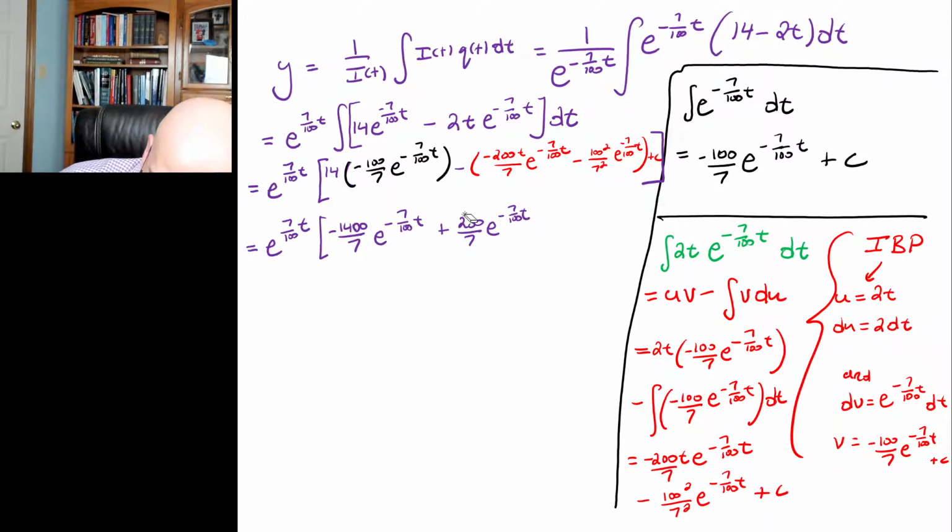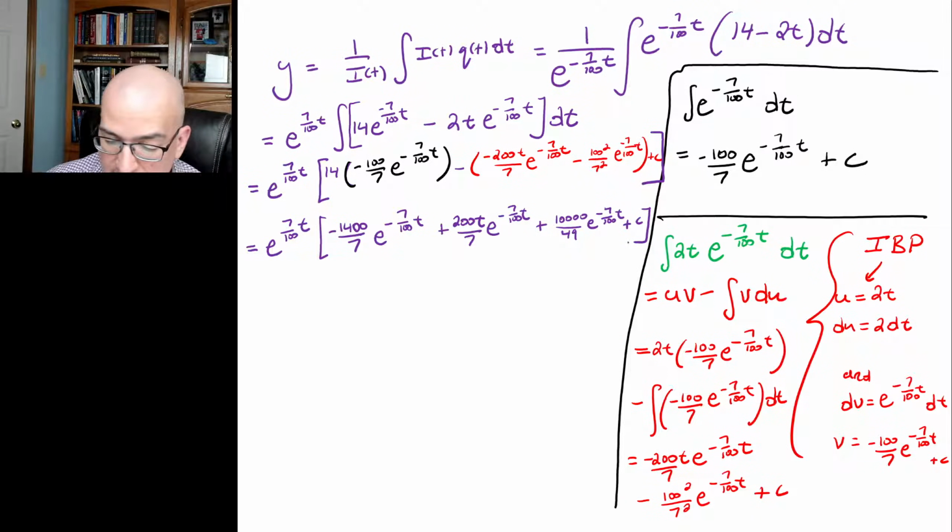Oh, there's a t there, 200t. Oh my god, there's so many pieces. And then plus 10,000 over 49 e to the negative 7 over 100 t plus c.